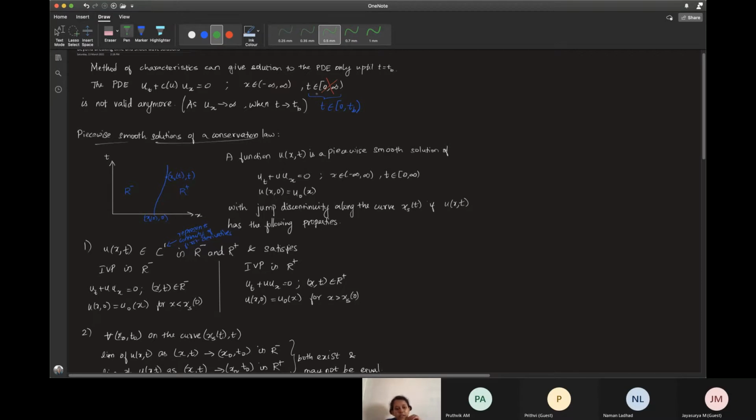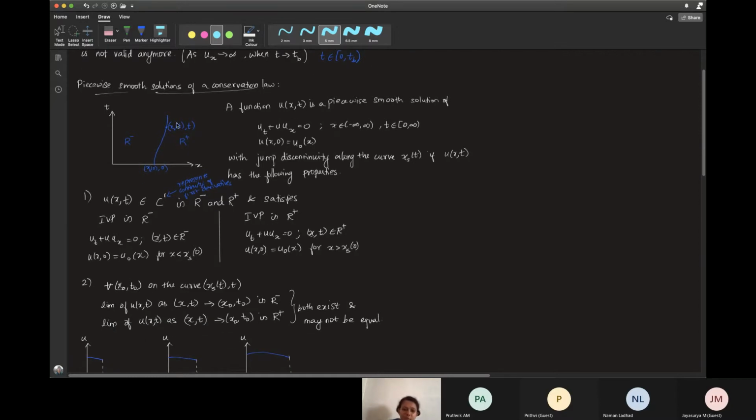So t now is defined only between 0 and this breaking time, instead of the previous case where t was defined from 0 to infinity. So for this PDE, t is actually defined only between 0 and TB. Next, as we have seen before, this is our characteristic.